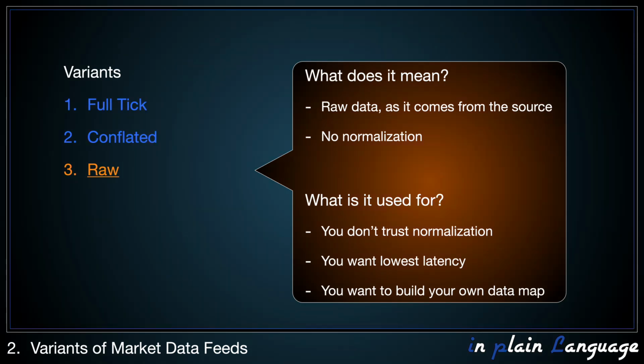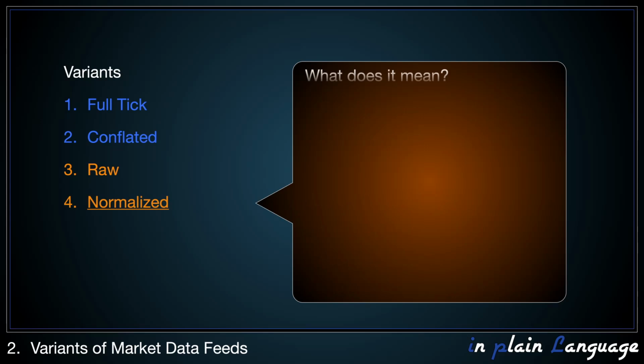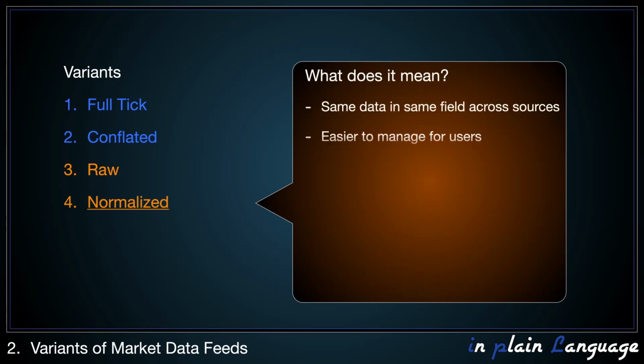On the flip side of raw data, we have normalized data. This is how you receive data usually through vendor feeds. Your vendor combines data from different venues into a single consolidated feed. To make it easier for you to compare and process different venues, your vendor normalizes the data.